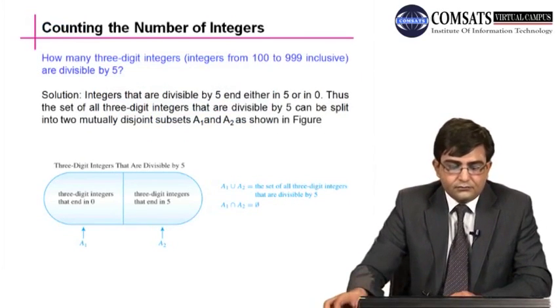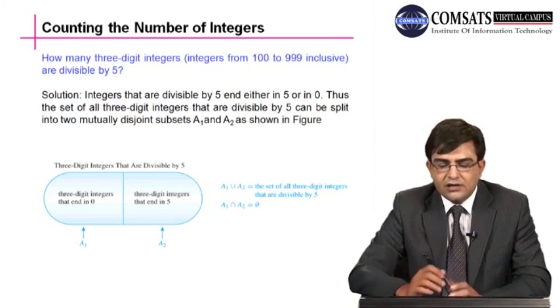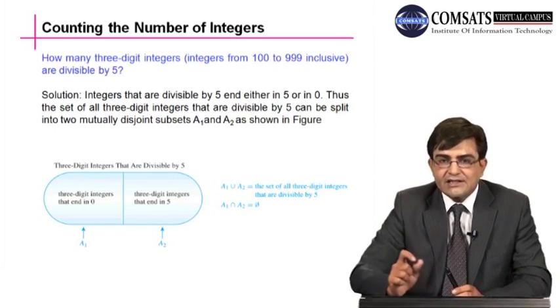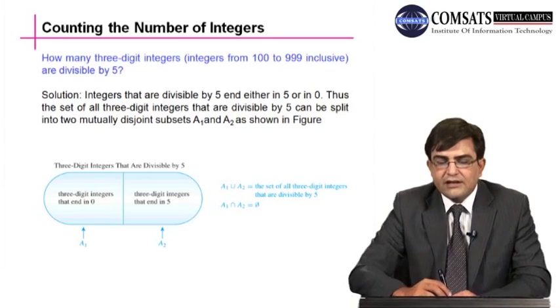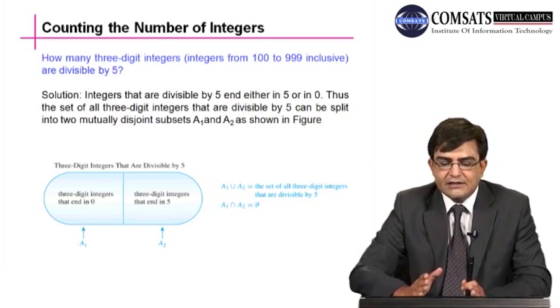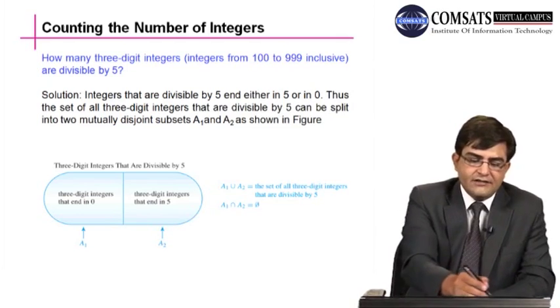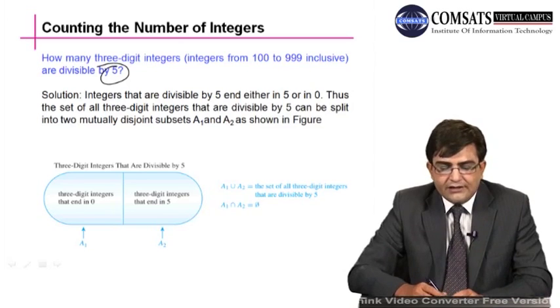Now here, how many 3-digit integers are there from 100 to 999, inclusive? Inclusive means both these integers are included in that set. Now we have to determine how many of these integers are divisible by 5.